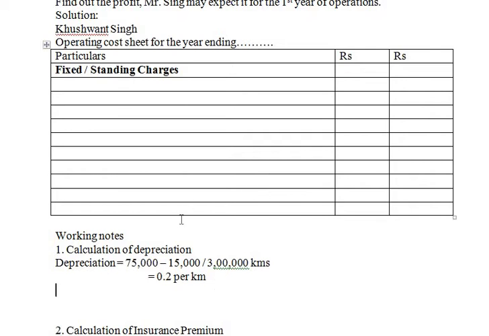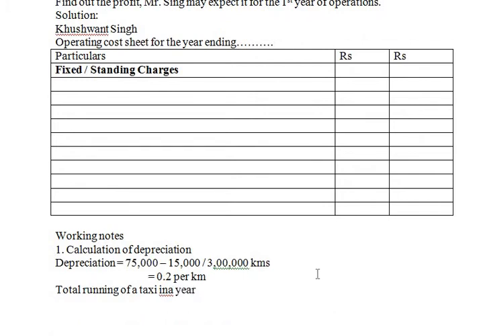Its estimated life is to run for 3 lakh kilometers, but we don't know exactly how much the taxi has run. So that we will have to find out first. So next line, take down total running of a taxi in a year.